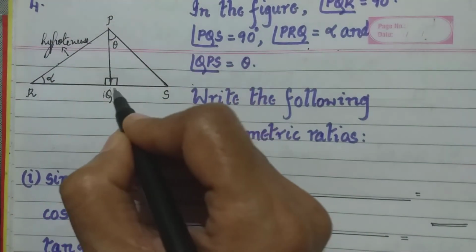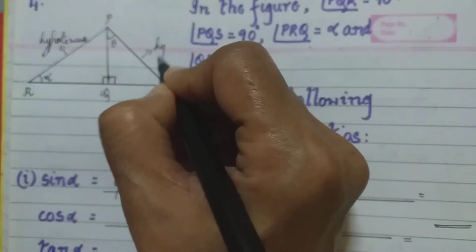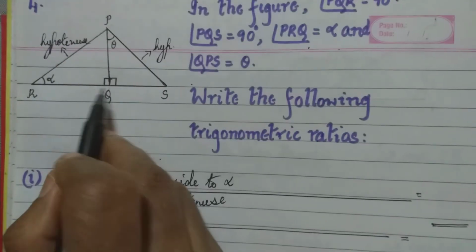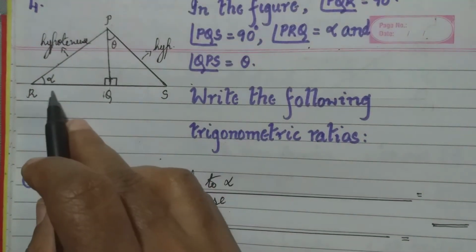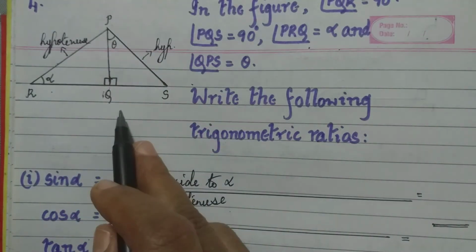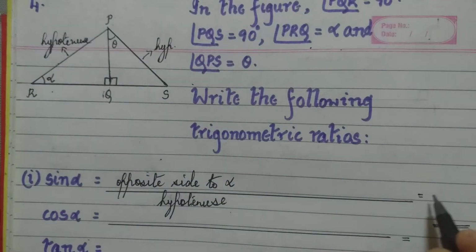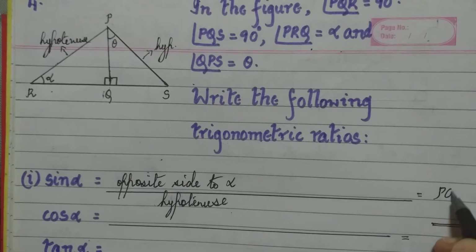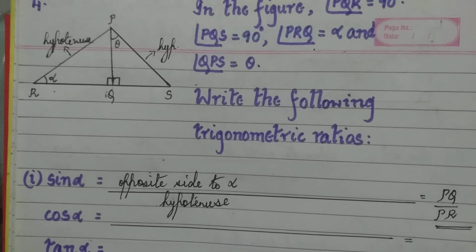Also in this triangle, opposite to the right angle, this will be the hypotenuse. So now we were writing here opposite side to alpha upon hypotenuse. Opposite to alpha is PQ, hypotenuse is PR. So PQ upon PR. So we write here PQ upon PR.